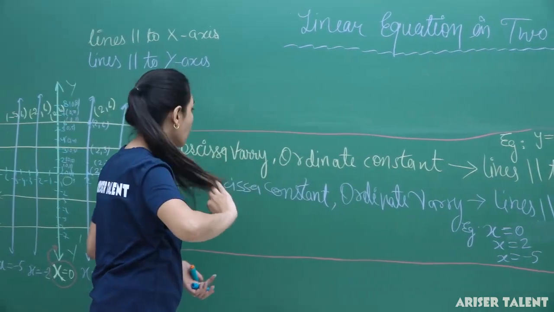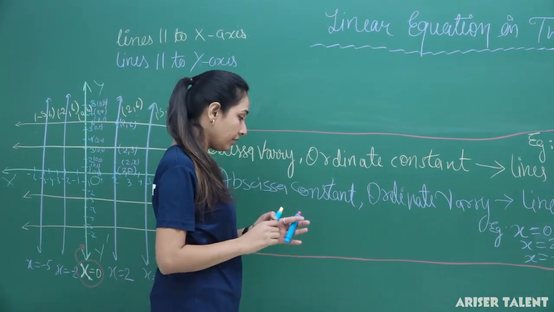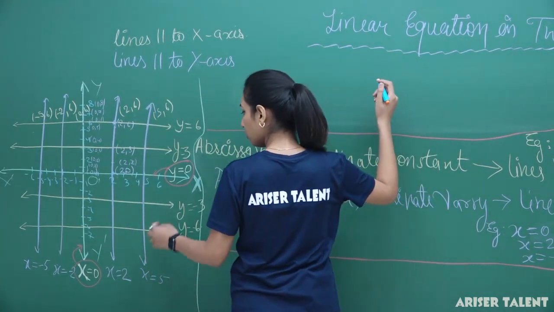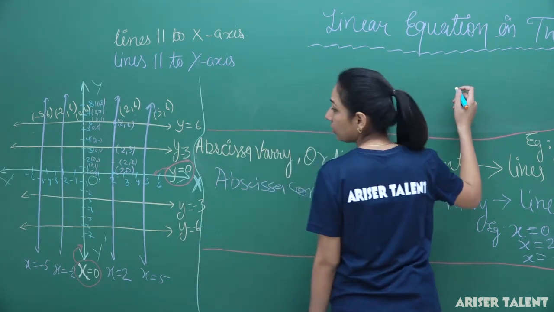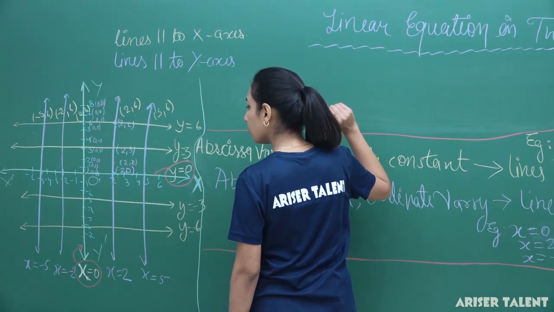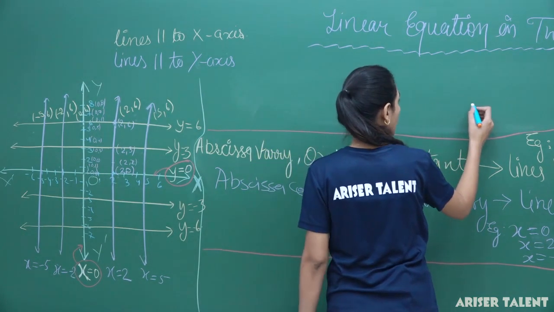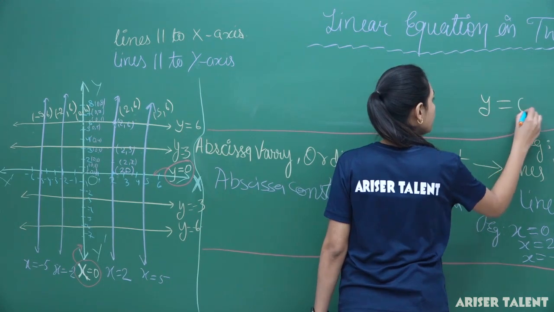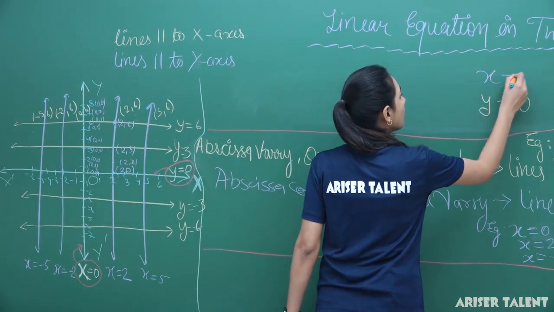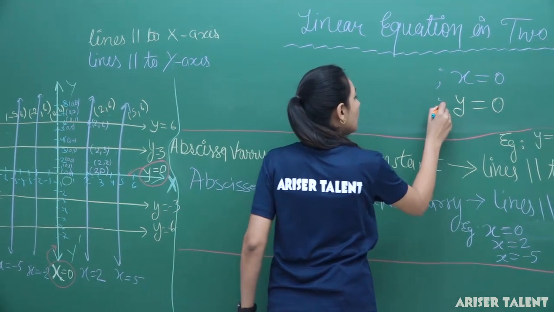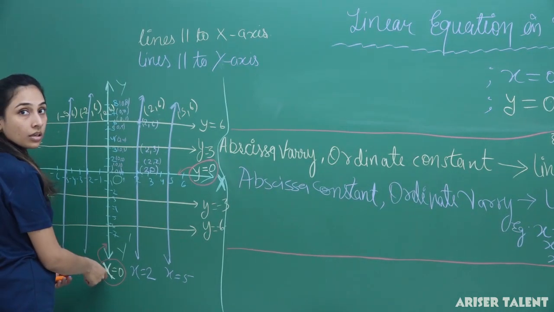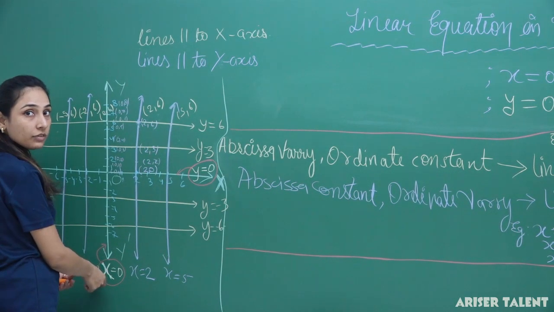Now what we are doing, we are writing the equation here. This is x equals 0, and y equals 0. Now look, which equation is this? x equals 0 is here.